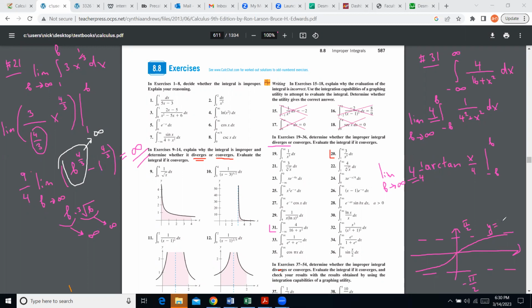Since we integrate from minus b to plus b, the upper area will be the same as the lower area, but the upper is positive and the lower is negative, so they will cancel each other out.